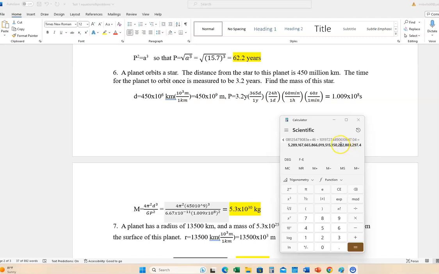So if I go in sets of 3s, there's 3, so that's 10 to the 9th, 3 more, that's 10 to the 18th, and then 3 more.